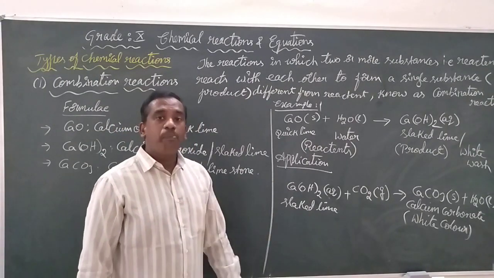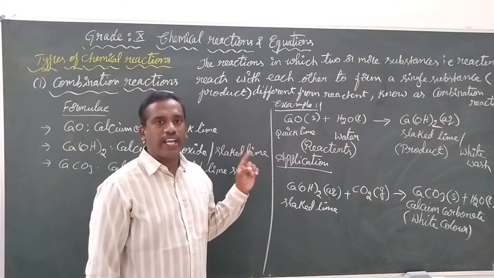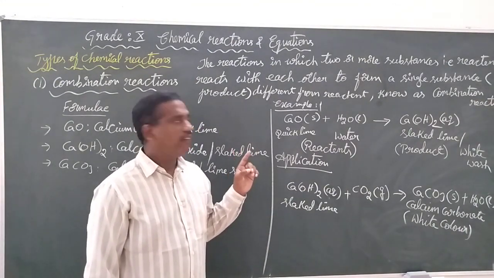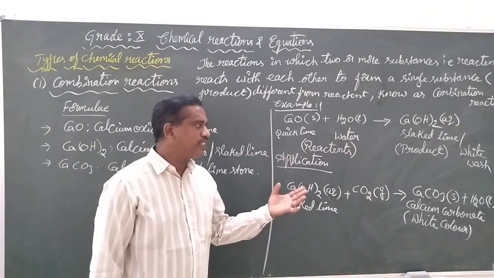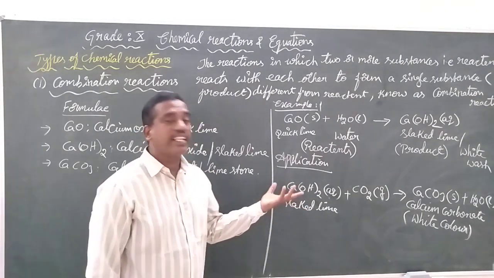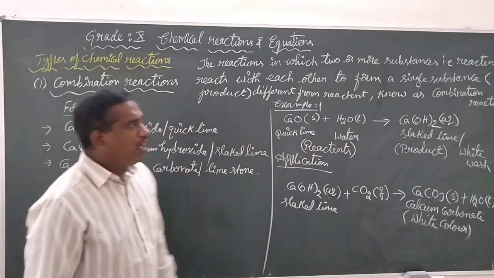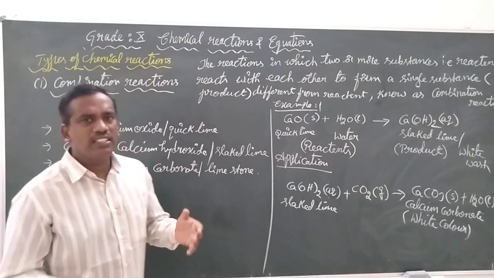This is the application for the first example, the reaction of calcium oxide with water. We got slaked lime, and once we apply it on the wall, it forms white-colored calcium carbonate, giving us a white-colored wall.